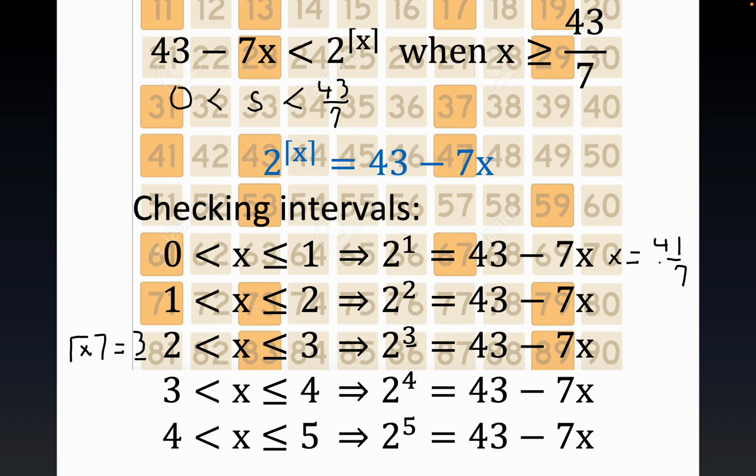Okay. Now, y'all notice this is not a solution because 41 over 7 is not in this interval. Okay, so this is not a solution. And then also you would get x equals 39 over 7 on the next one.